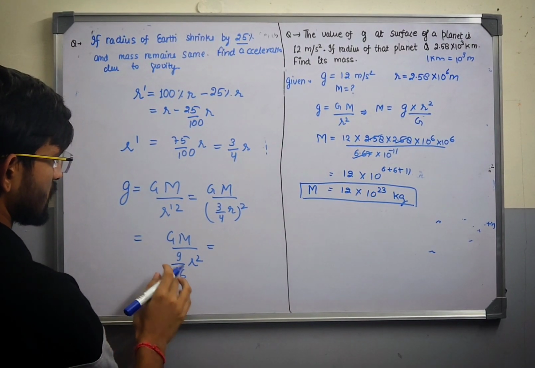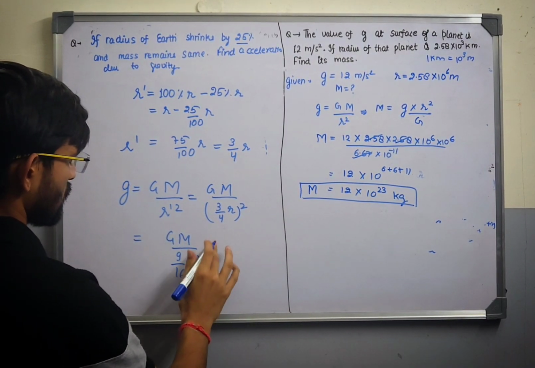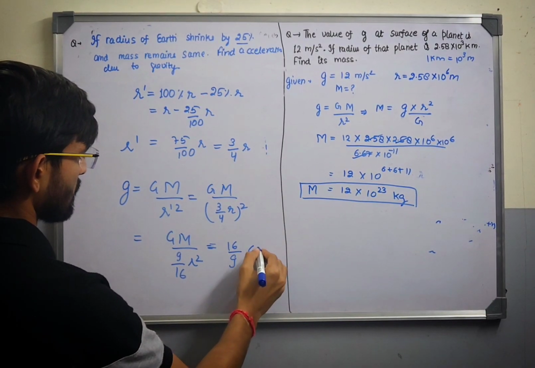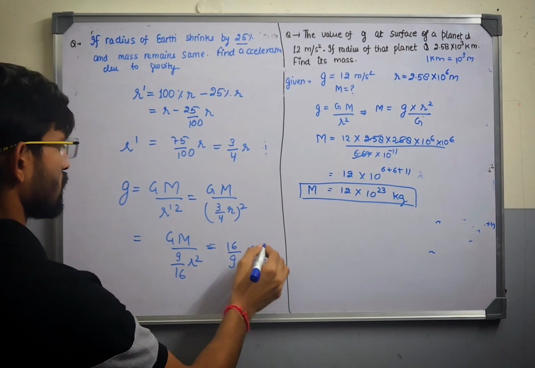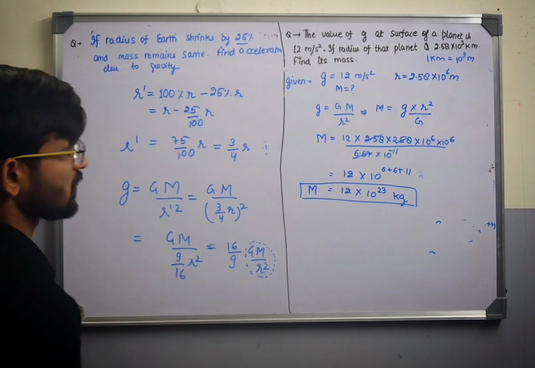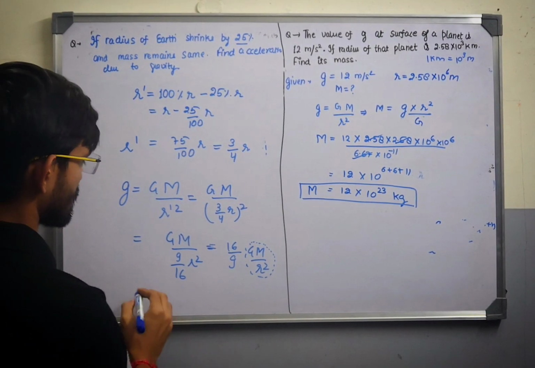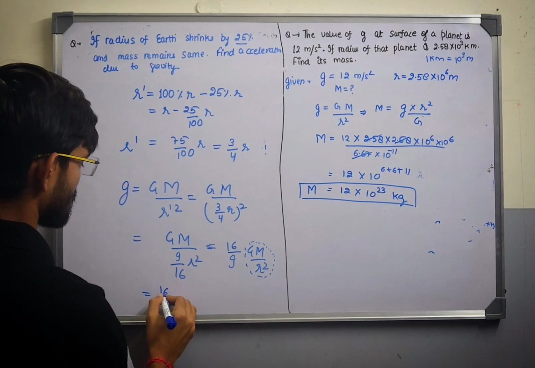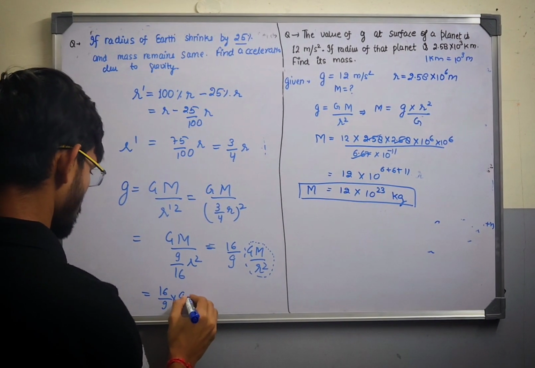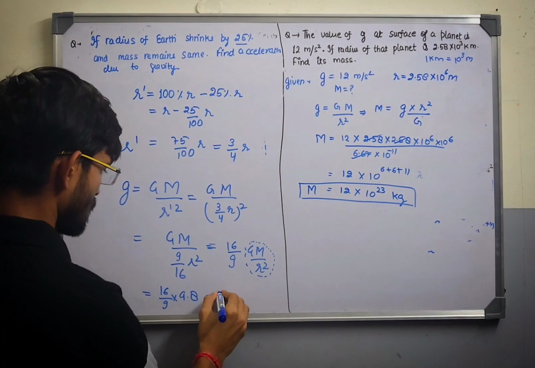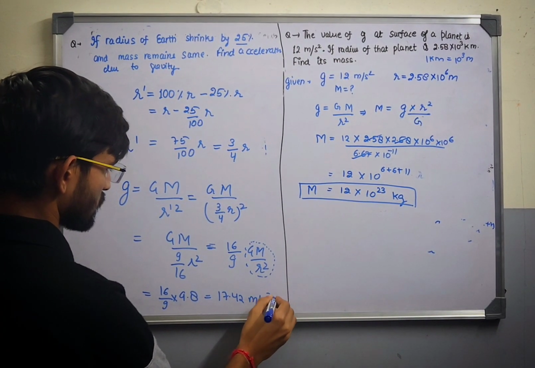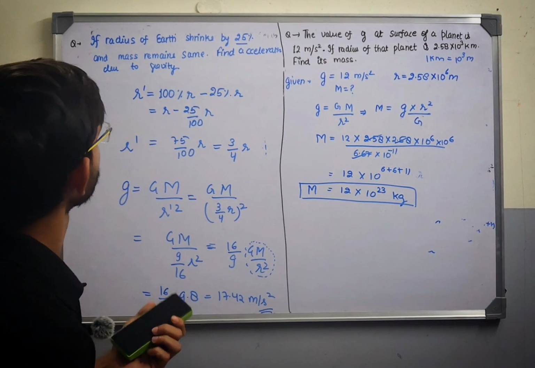You can write this 16 in the numerator, so it becomes 16 upon 9 G m upon r square. What is this term? This is acceleration due to gravity at the surface of Earth, and its value is 9.8. So it becomes 16 upon 9 into 9.8, and it becomes 17.42 meter per second square. That's it.